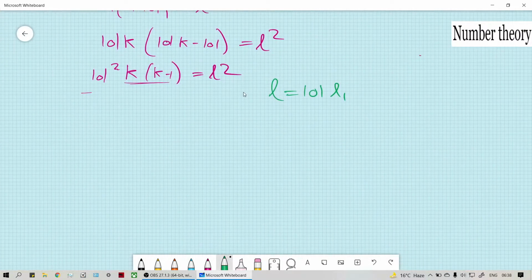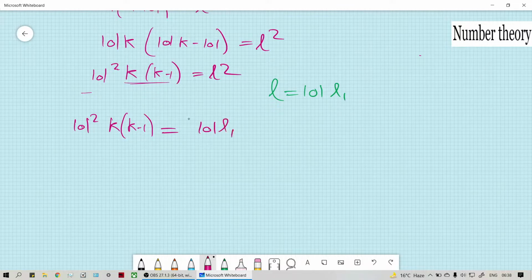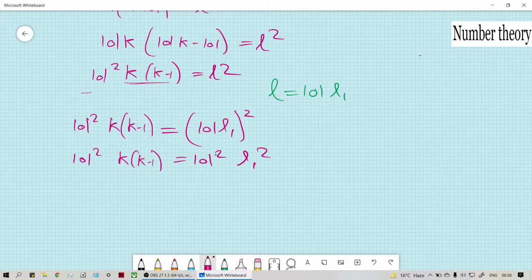Then proceeding from here, we get 101 whole square k minus 1 multiplied by 101 L1 whole square. This gives us 101 whole square L1 square. We can cancel out this whole square from both the sides, and we are left with this.